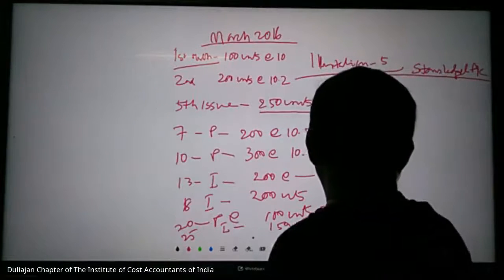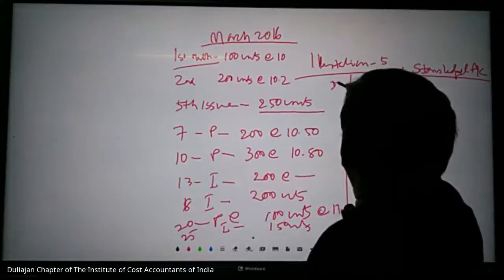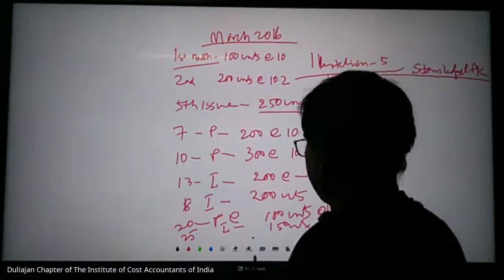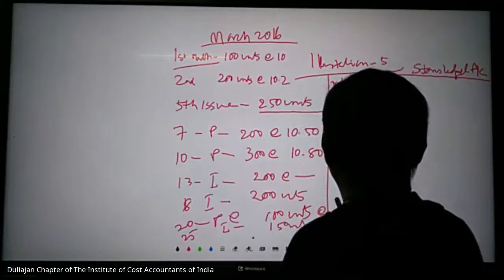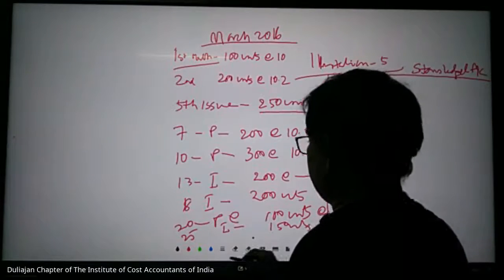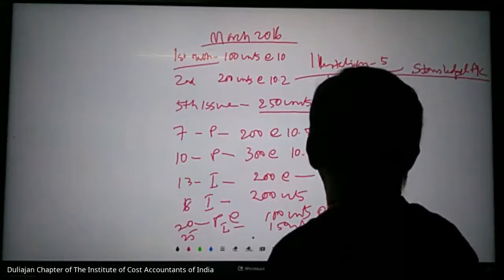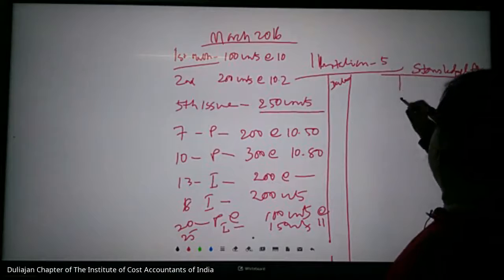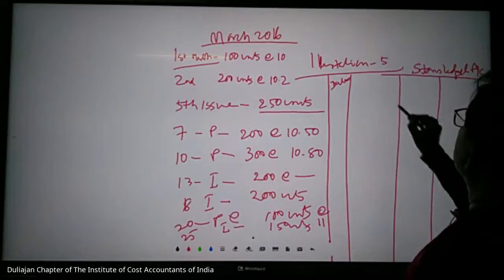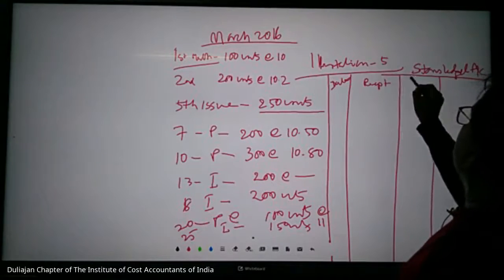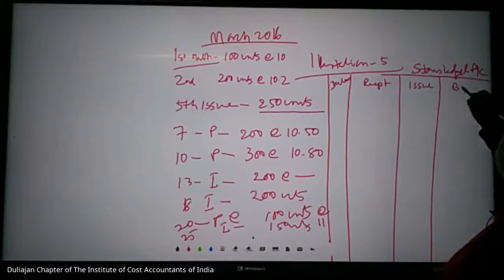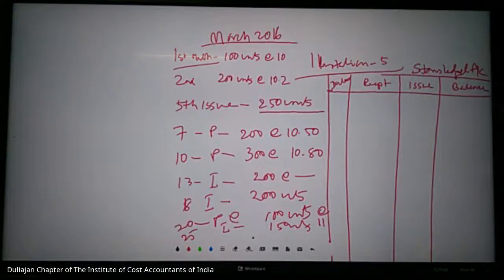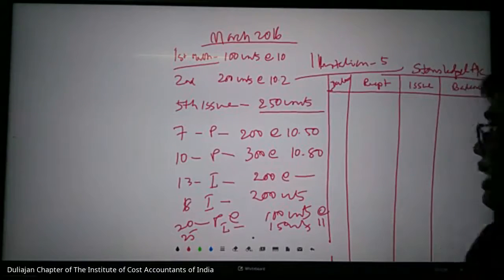Since I have very little space, I am writing the dates here. This is the date column. Then I have got 3 columns: receipt, issue, and balance.